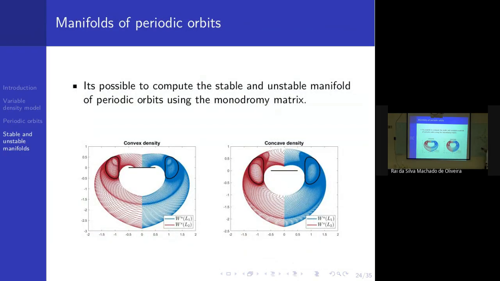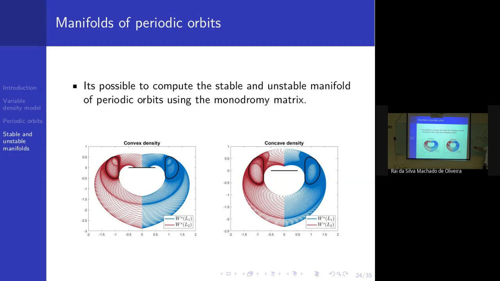As a side note, stable and unstable manifolds can also be computed for periodic orbits, okay? So the stable manifold of a periodic orbit is the set of all orbits that end up converging to the periodic orbit. And the same with the unstable manifold.